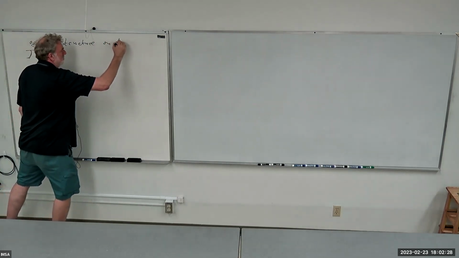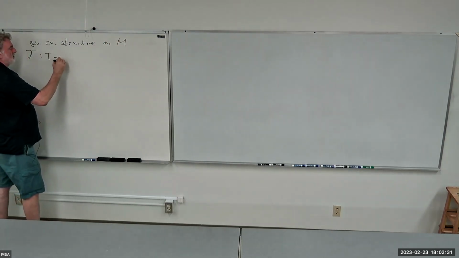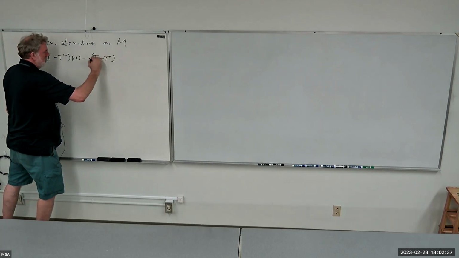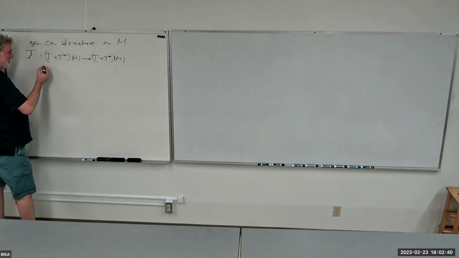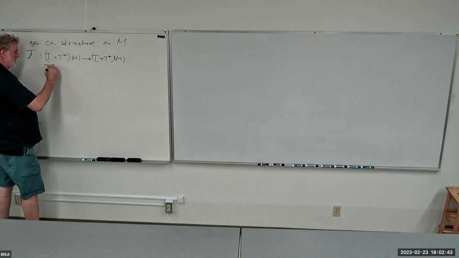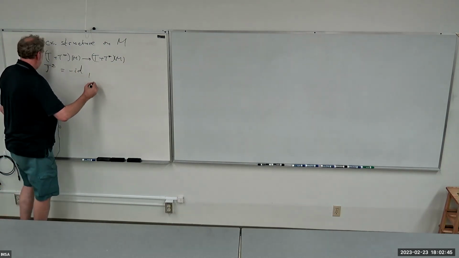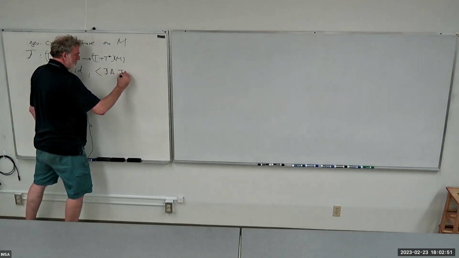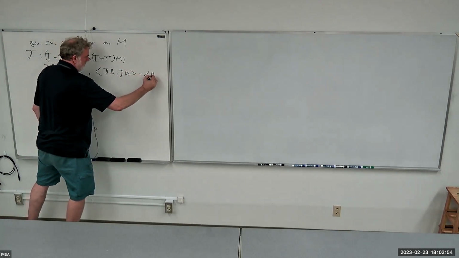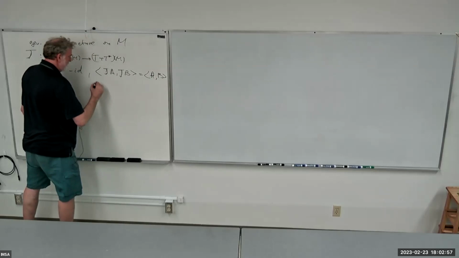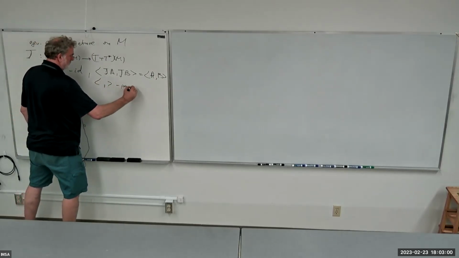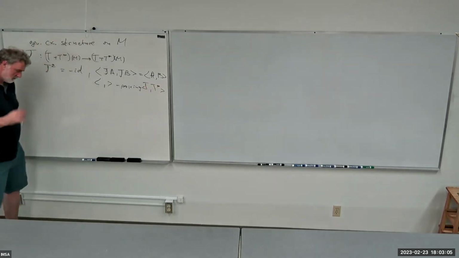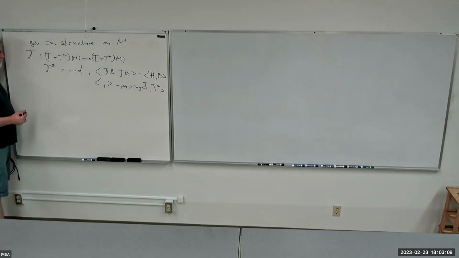On M, the sum of T plus T star, M, such that it is a distinct isometry, and this is the pairing in the vector space and the dual.